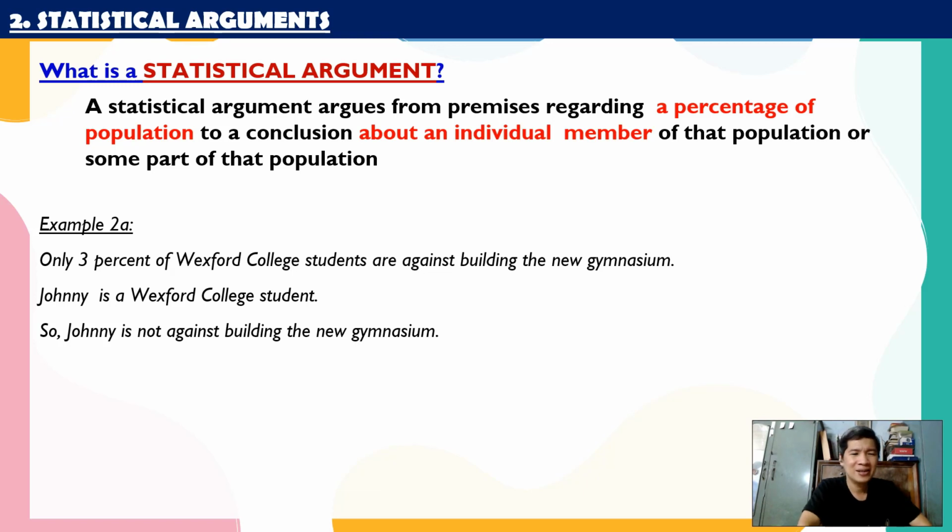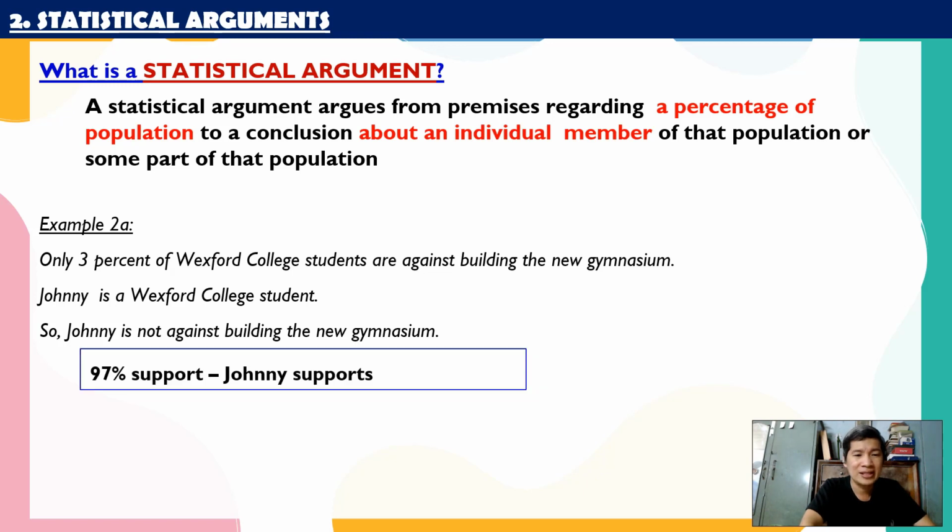Have a look at this. Only 3% of Wexford College students are against building the new gymnasium, like the sports center. And Johnny is a Wexford College student. So Johnny is not against. 3% are against. It means 97% supports. Johnny not against.